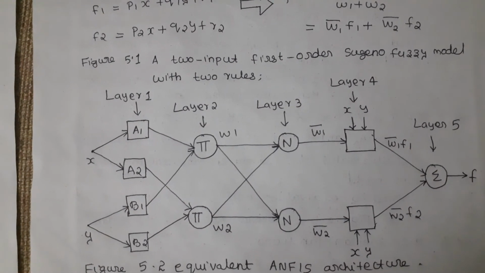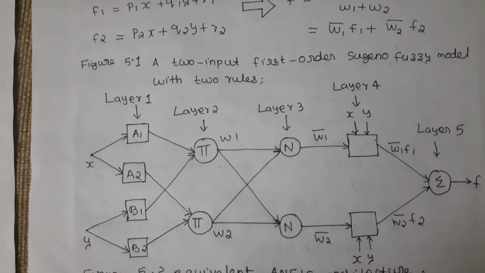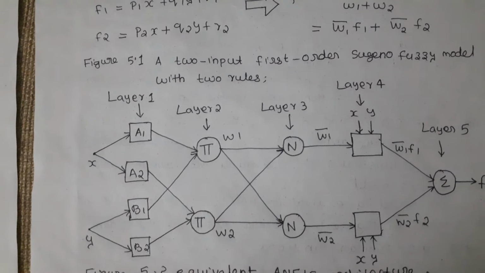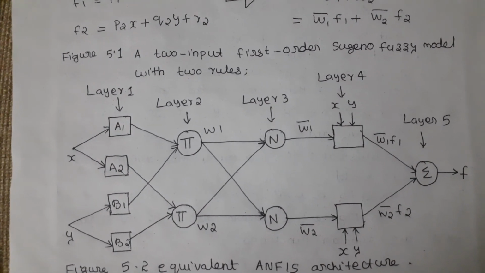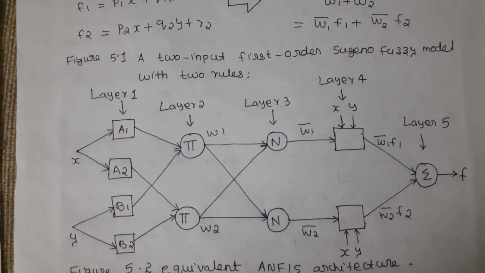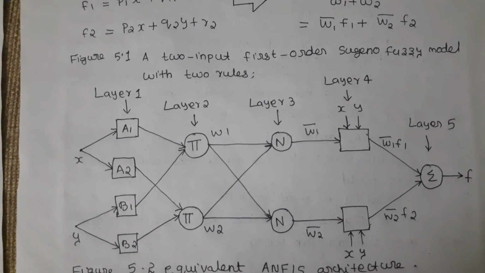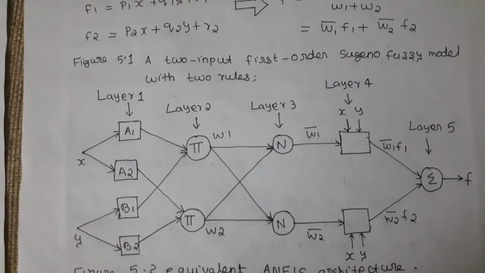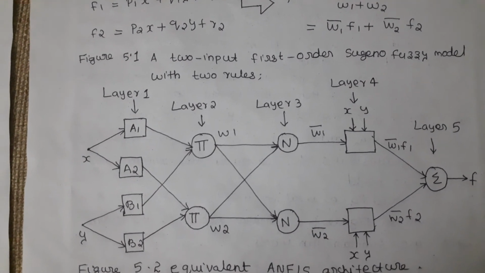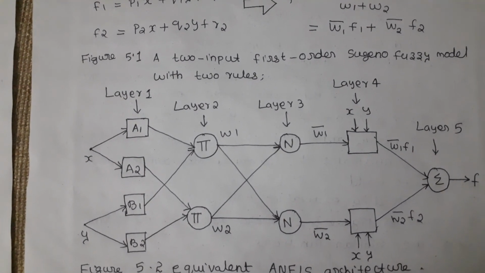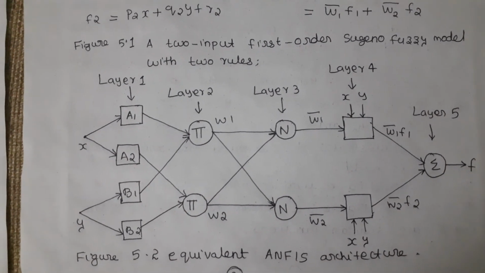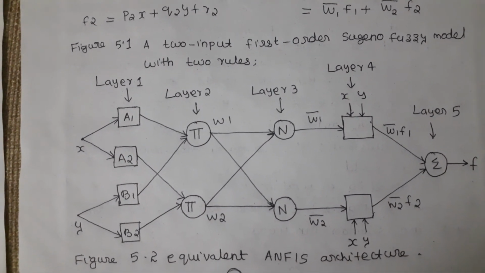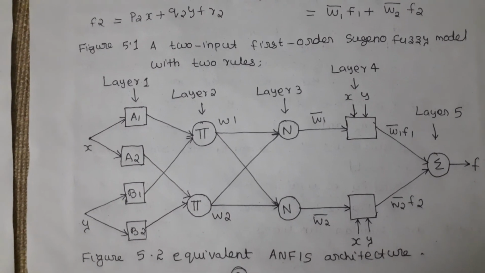The consequent parameters identified are optimal under the condition that the premise parameters are fixed. The hybrid approach converges much faster since it reduces the search space dimensions of the original pure backpropagation method. So that's all about the hybrid learning algorithm.